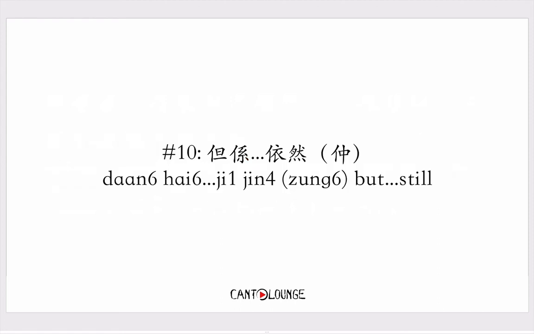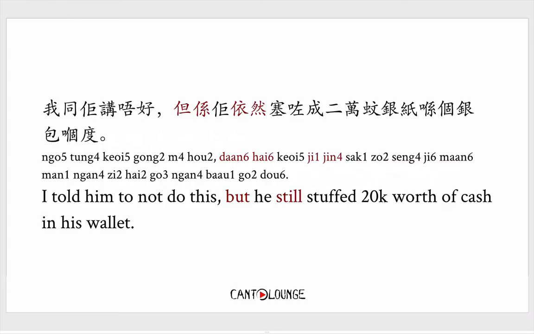Moving on, number 10, 但係 something something 依然, or alternatively you can say 仲 but something something still. For example, you're talking to John about Sam.